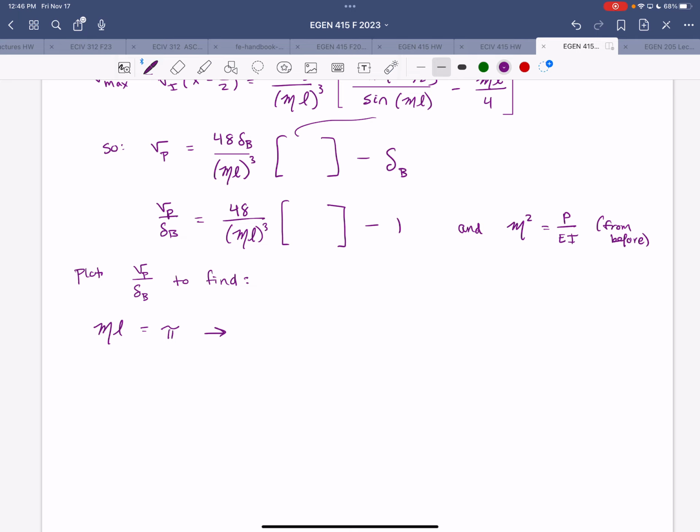So in structures, we call that the critical buckling load. You two, Cash and Will, should have heard that before. You guys maybe, no? All right, so now you know. Critical buckling load.